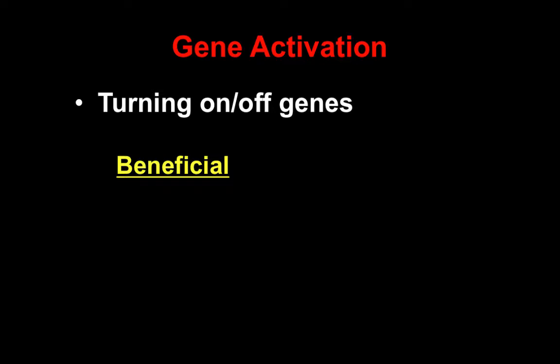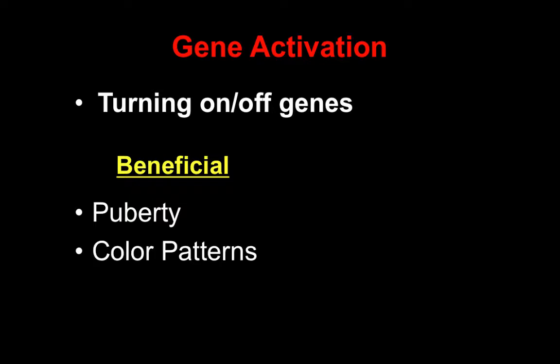Some beneficial things about this: puberty. When an individual hits puberty, a whole bunch of genes are activated that cause the person to go through that developmental change. Color patterns. We're going to look at these a little more in a second, but think about things like Arctic animals that turn white in the cold.